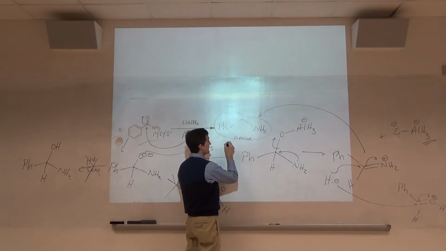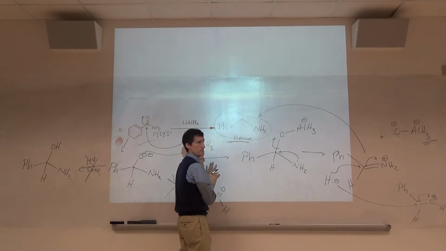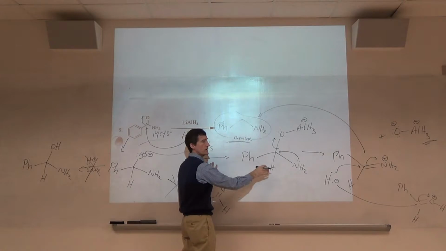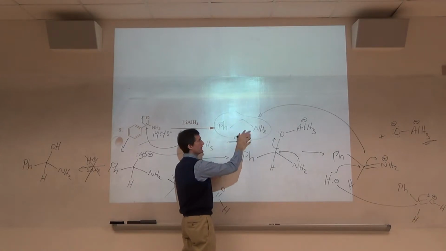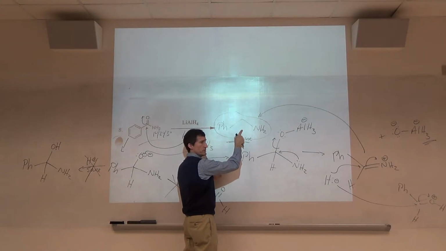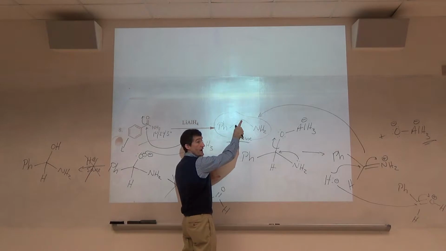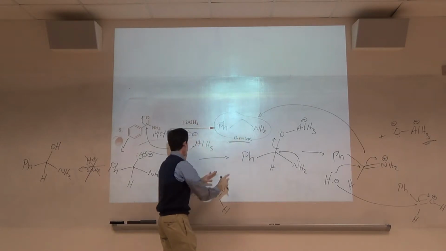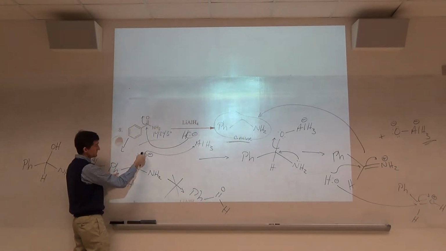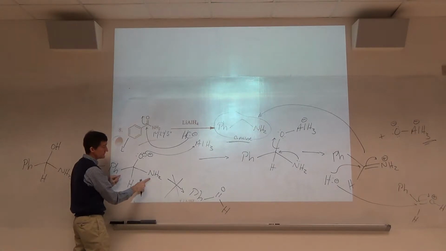I didn't show the product, but we know this is the product that's formed. So you don't want to kick off the nitrogen. If you did, you wouldn't have the carbon bond to the nitrogen. Knowing this is the product formed, I could have shown you this first. What leaves the carbon? The oxygen leaves. You might think, bring this down, kick off nitrogen. Nitrogen is not the best leaving group.